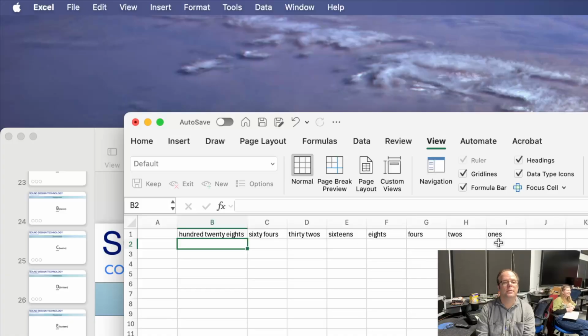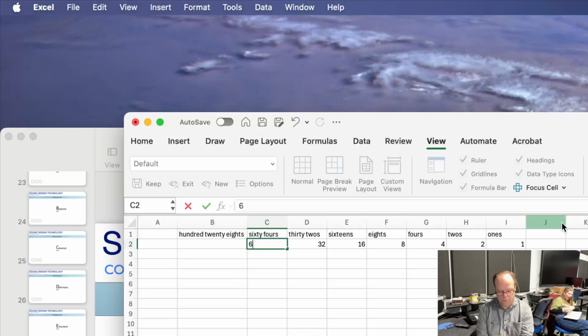You keep going. So we're doing 1s, 2s, 4s, 8s, 16s, 32s, 64s, and 128s. All right.